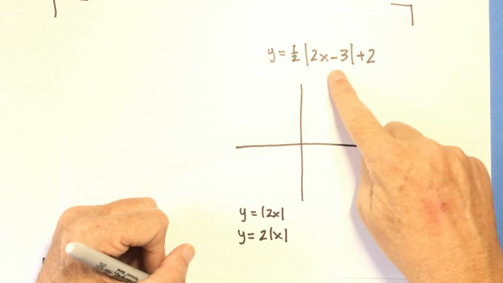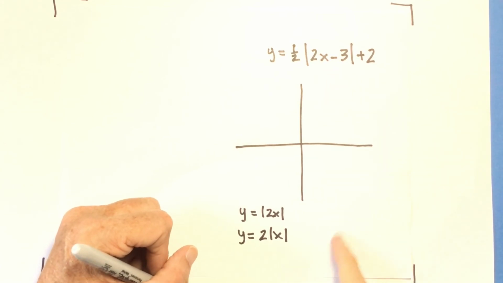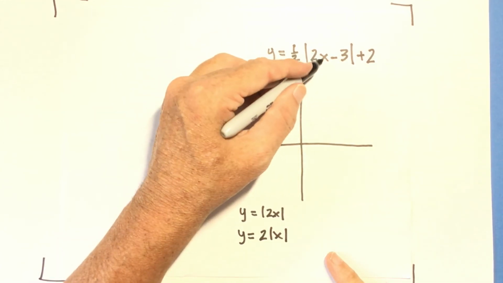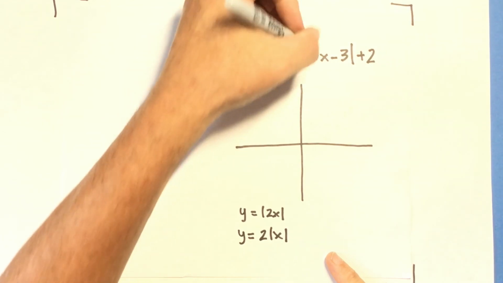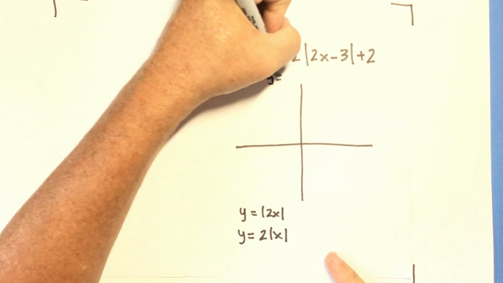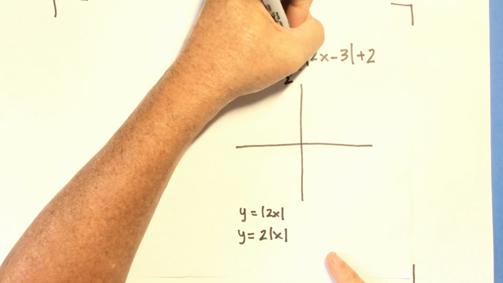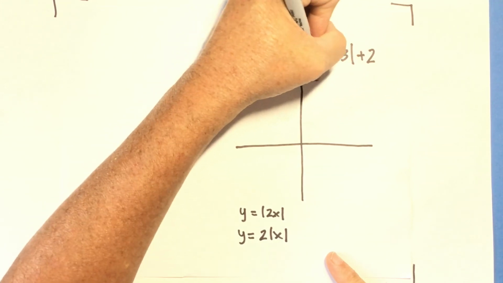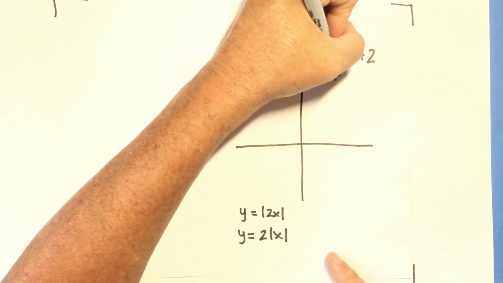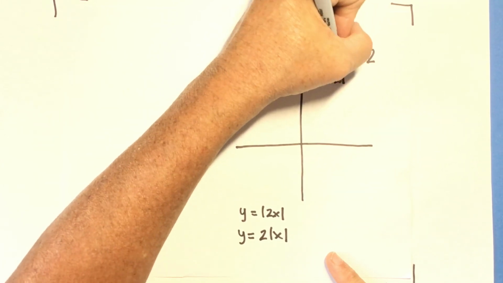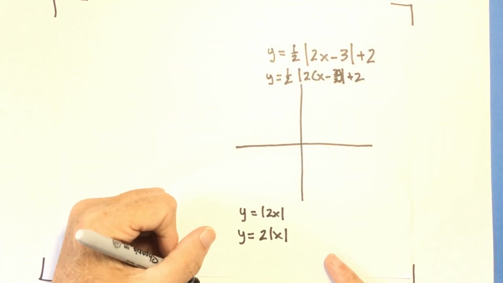So in a case like this, what would have to happen is that I would factor a 2 out of this. So this equation would now read y equals 1/2 the absolute value of 2 times x minus 3/2, plus 2.